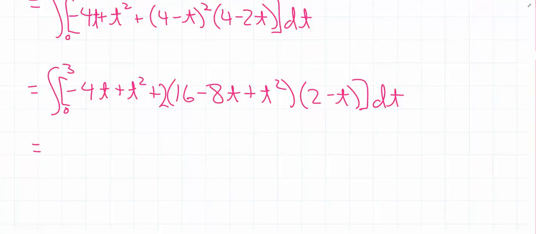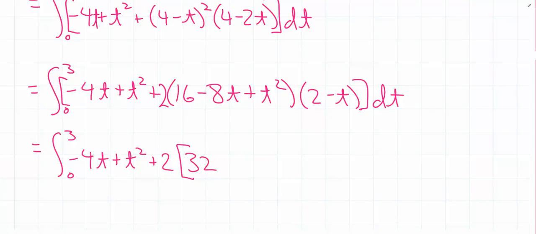Okay, now let's see what this is going to be. 0 to 3. And now at this point, it's just hoping we don't make a mistake here. So here I go. If I multiply this out, here's what I get. I get 2 times 16 times 2, that's 32, minus 16t, and then another minus 16t, right?